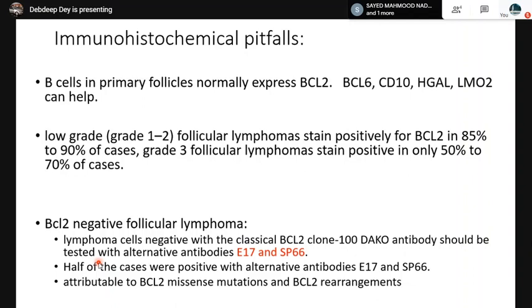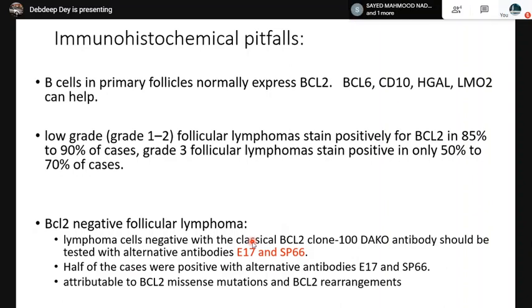You should look at doing other markers, other clones rather. Normally, we do the BCL2 clone 100 of the DECO antibody, but you should always double check with your E17 and SP66 antibodies, because sometimes what is negative with one antibody can come out positive with another antibody.